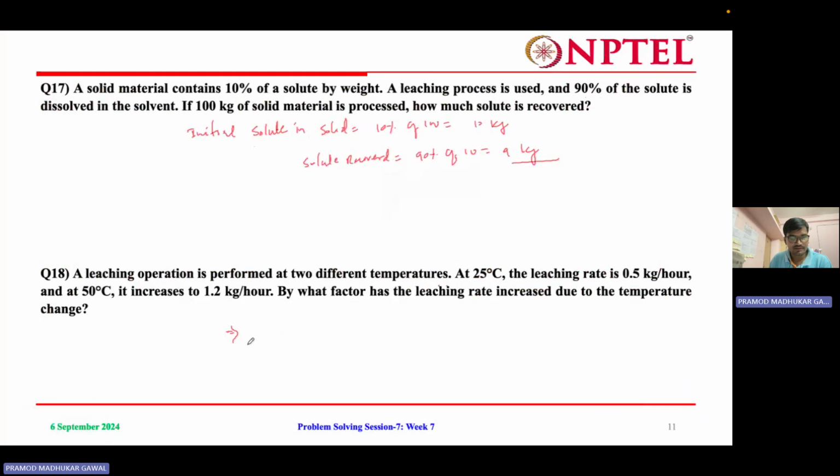To calculate the factor, the leaching rate increase is 1.2 divided by 0.5, that is 2.4. So the factor by which the leaching rate increased due to the temperature change is 2.4.